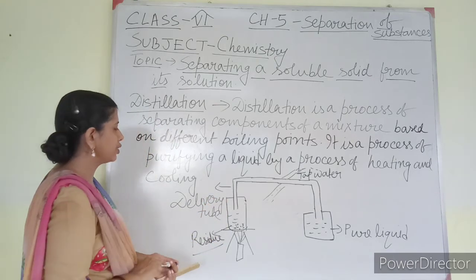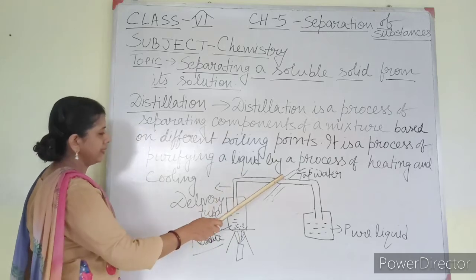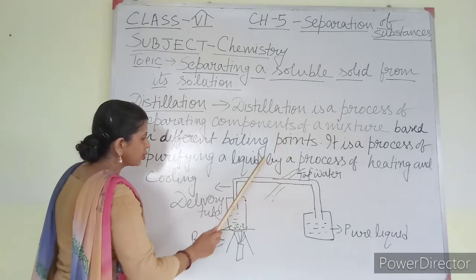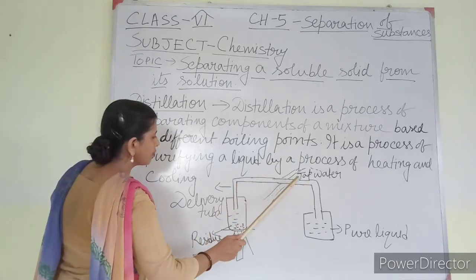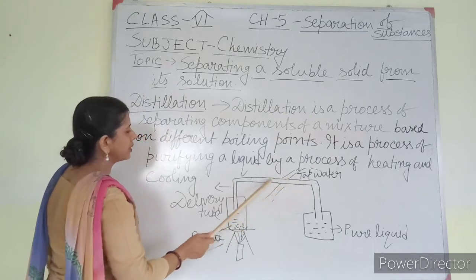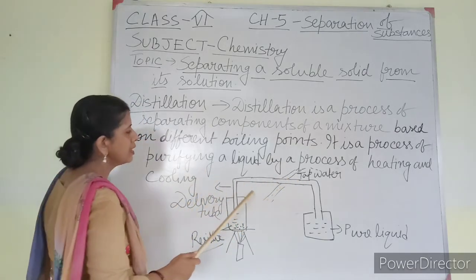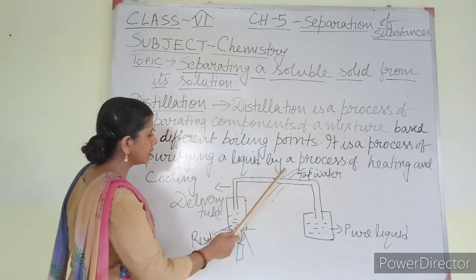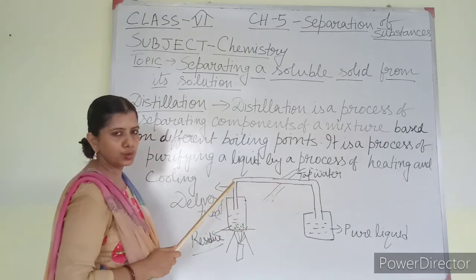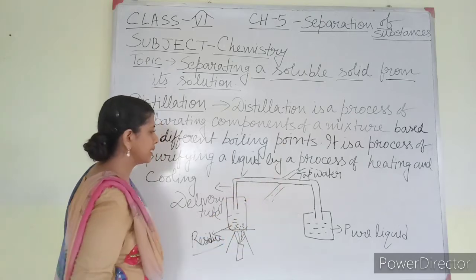Through the delivery tube, the vapor is moving and going to another container. In between, in the path of the moving vapor, there is a connection of tap water with this delivery tube. That means from the tap, cold water is falling on this tube. Inside the tube, the vapor is going.